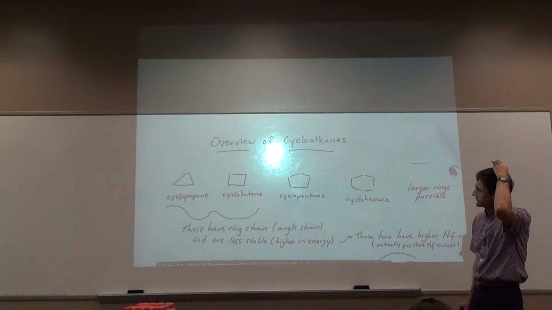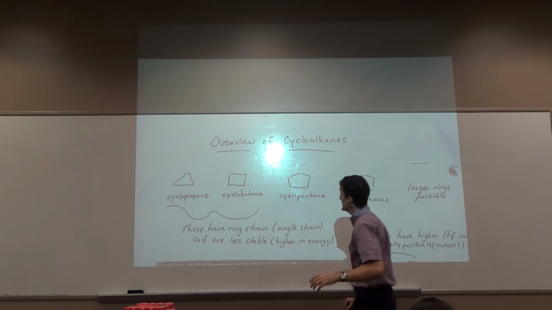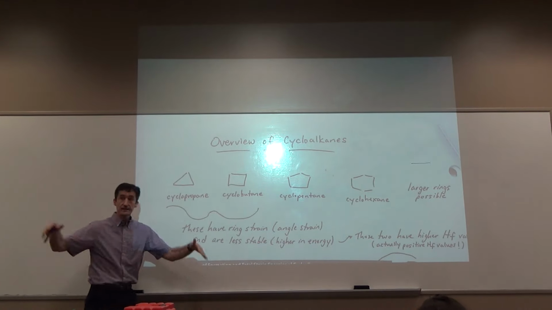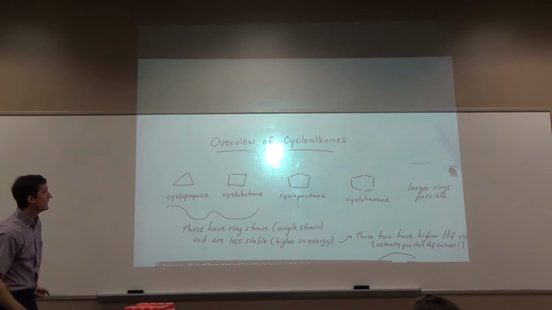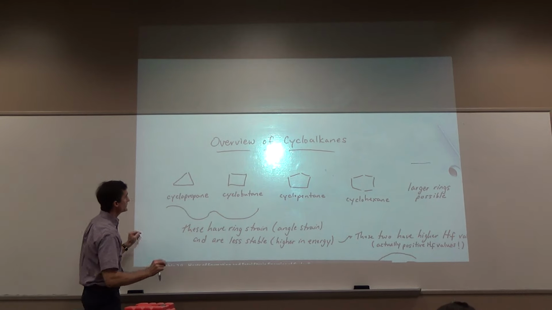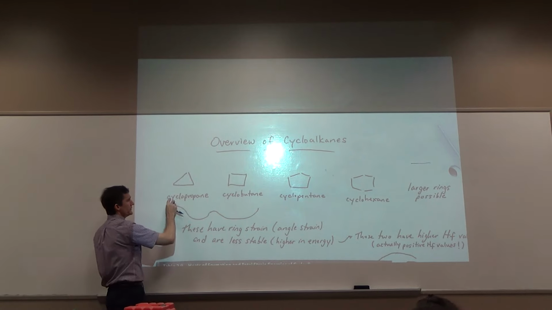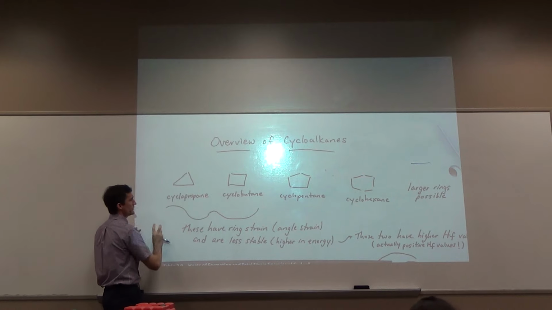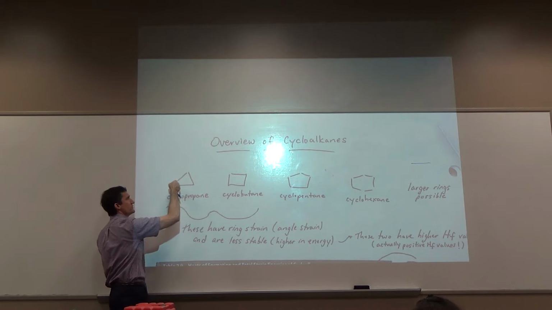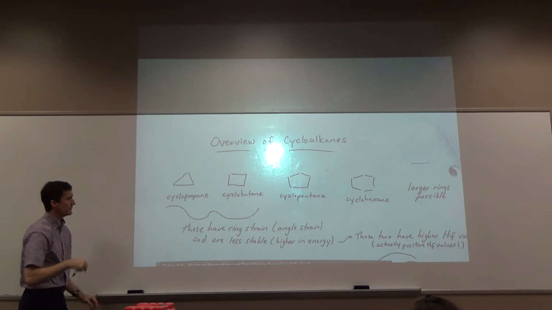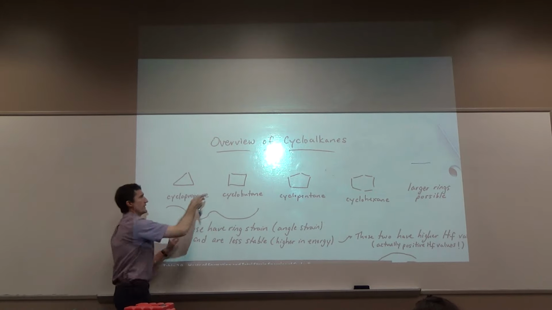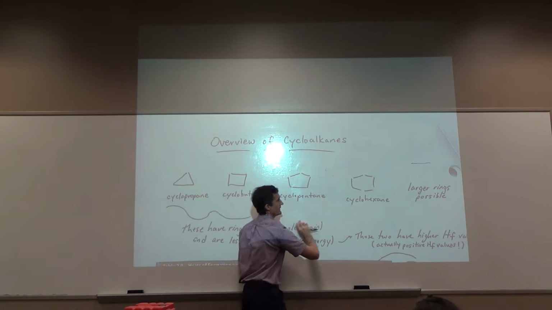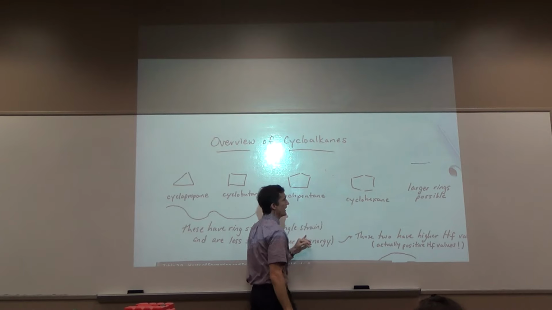Cycloalkanes are a particular type of alkane where we have a cyclic ring, in a variety of sizes. The smallest ring is cyclopropane. All of these are named cyclo, and then since it's 3 carbons, it'd be propane. Cyclobutane, cyclopentane, cyclohexane, 6.